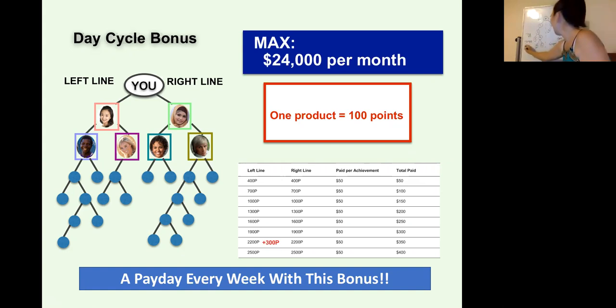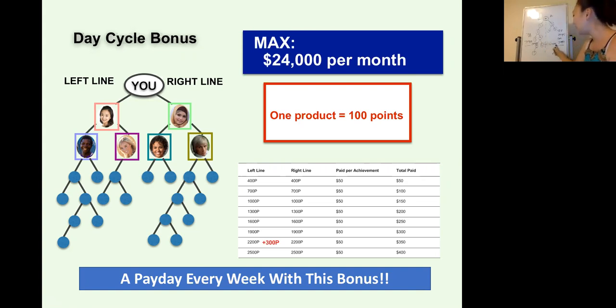Okay, and then the left side is 1,400 points. Okay, the first bonus is generated when you accumulate 400 points. So now you have 400 points. You get a $50 bonus.